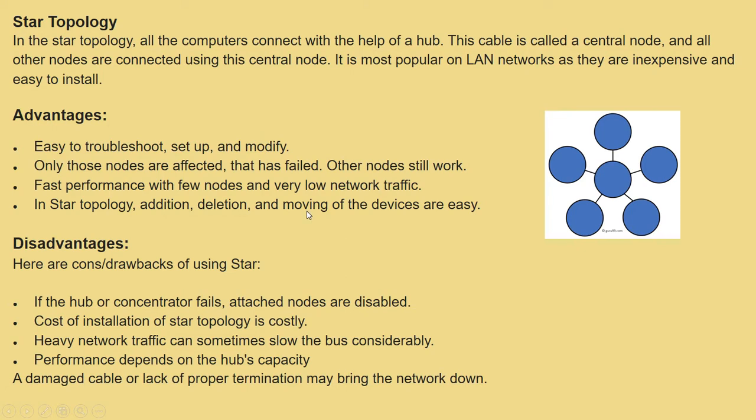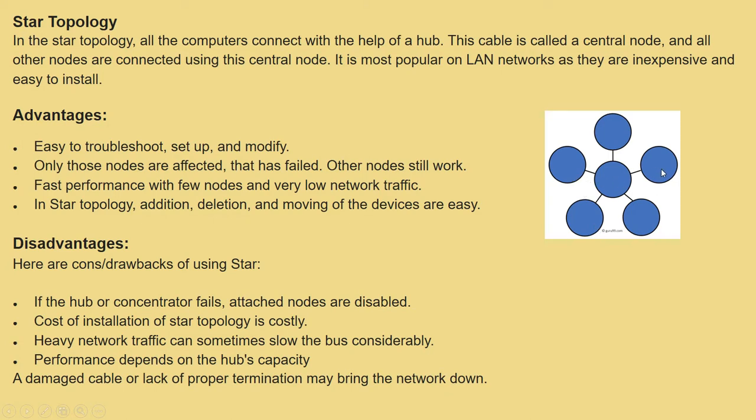Okay, now as per advantages, it is easy to troubleshoot, easy to set up and easy to modify also. Only those nodes that have failed are affected, other nodes are still working. Think about this is the first node, second, third, fourth and fifth, and this one is the central node.